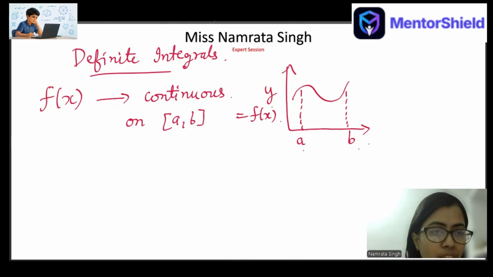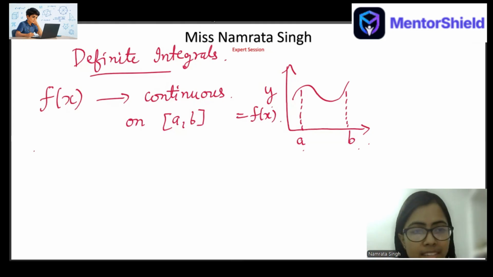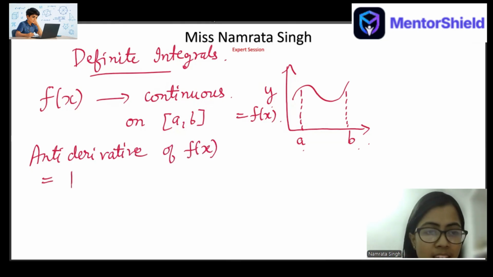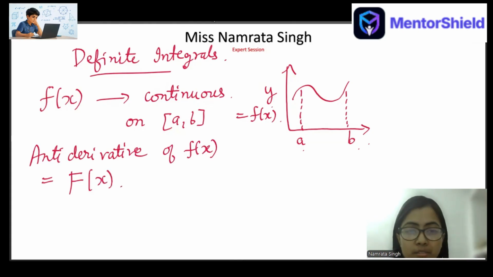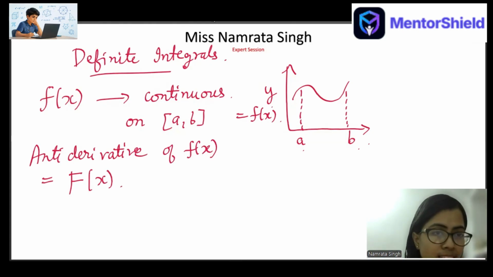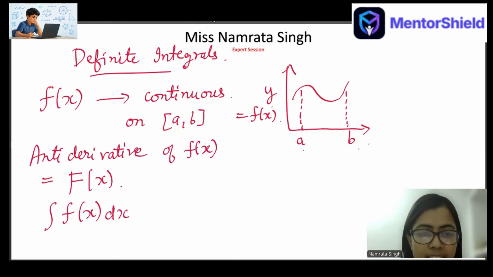What can we say about the antiderivative of f of x? We will call it capital F of x here. Now you know that the antiderivative is just the integration of f of x. So we will write it as the integration of f of x dx from lower limit a to upper limit b.